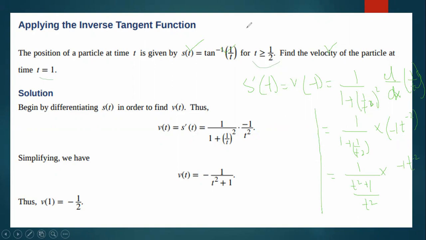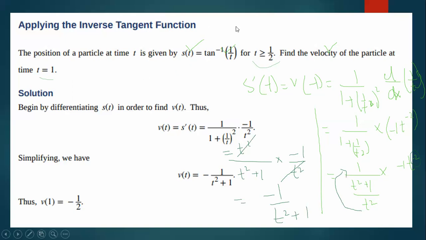So for this, this will go here, so it will be t square divided by t square plus 1 multiplied by -1. Here the power of t is -2, going to the denominator it becomes positive. This t square and t square will cancel out, so it will be -1/(t square plus 1).